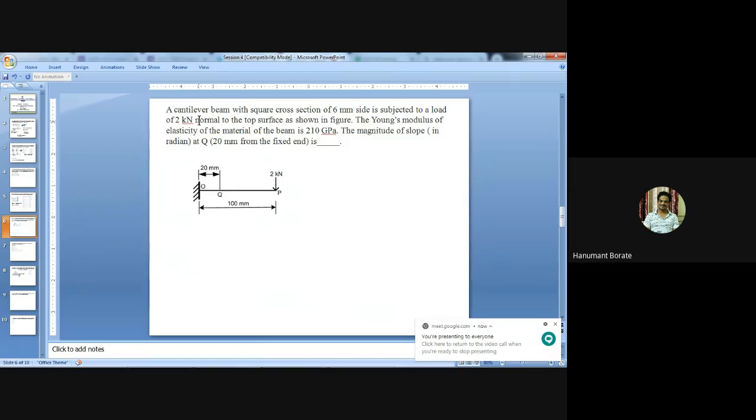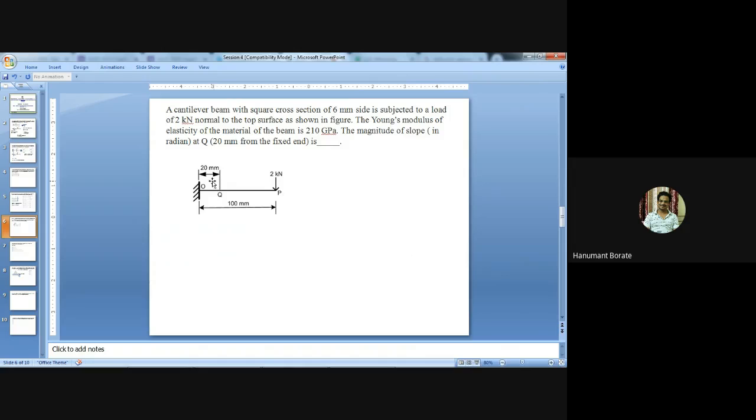Okay, a cantilever beam with a square cross section of 6 mm side is subjected to a load of 2 kilonewton normal to the top surface as shown in the figure. The Young's modulus of elasticity of the material of the beam is 210 GPa. The magnitude of slope in radian at Q, 20 mm from the fixed end, is.